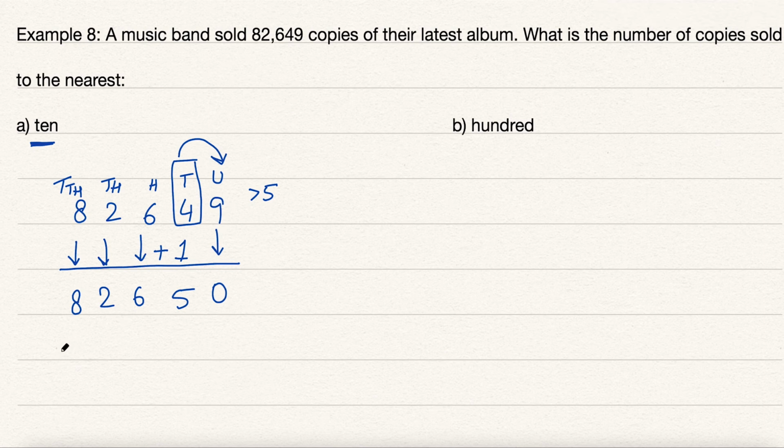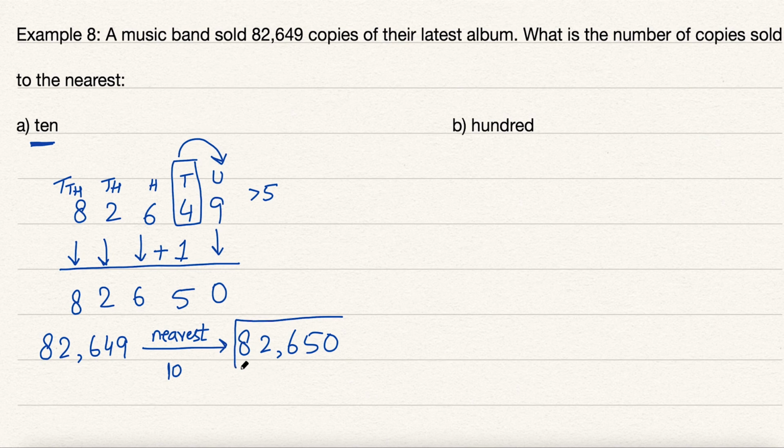So when you round off 82,649 correct to the nearest 10, then you will get 82,650. So 82,650 copies were sold correct to the nearest 10.